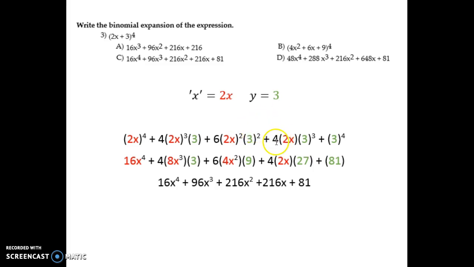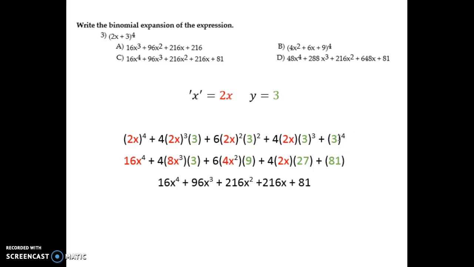Then your coefficient is 4 choose 3, and that gives you the answer 4. And your x term, again, goes down by 1 exponent. So instead of 2, now it's to the first power, which means our y term has to be to the third power in order for our exponents to equal 4. And then finally, we have just our y term to the fourth power.